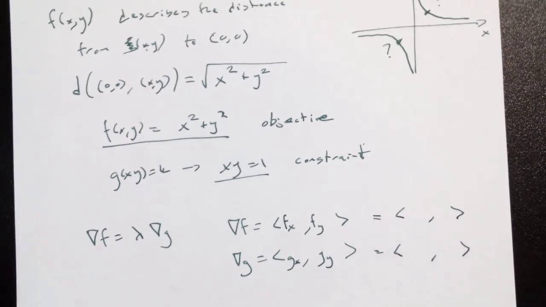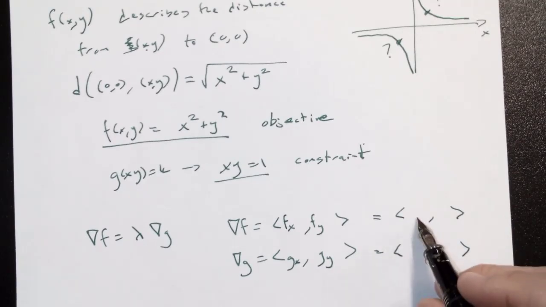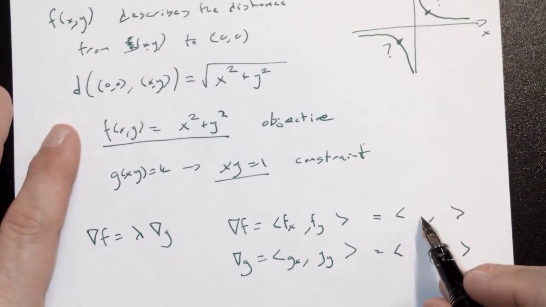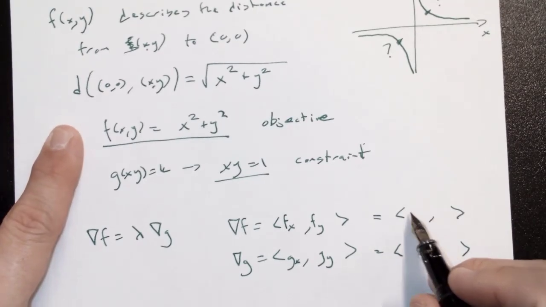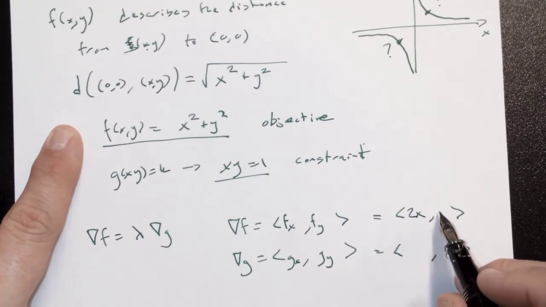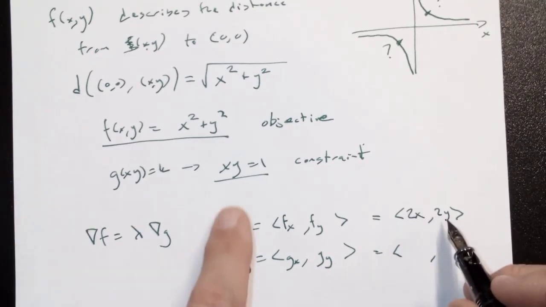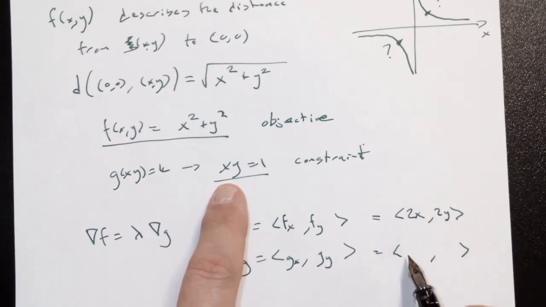What expressions go in there? df dx. df dy. dg dx. I'm not worried about the equals k, just this side. And dg dy is x.